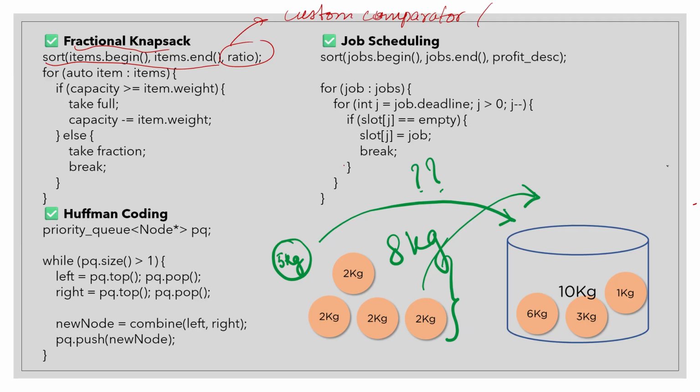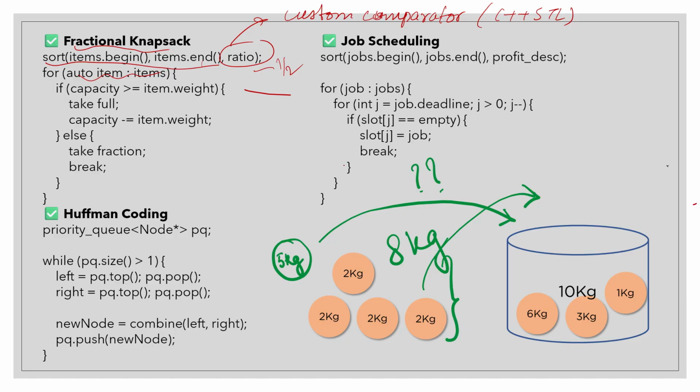I made a video on C++ STL, and if you have seen that video, I have covered this custom comparator there. But if this is not covered in your classes, do not use this custom comparator. Try to make your code yourself, because otherwise your marks will be deducted.